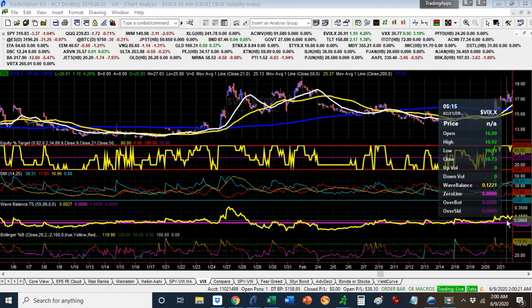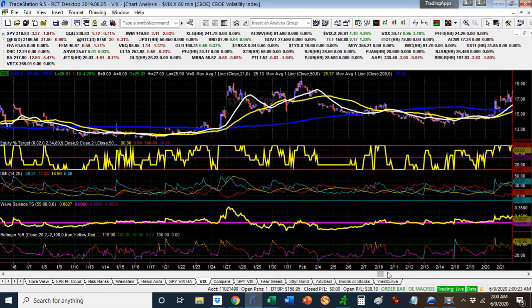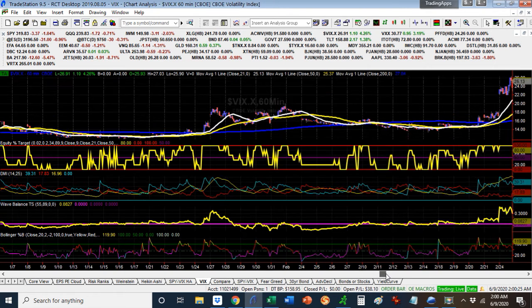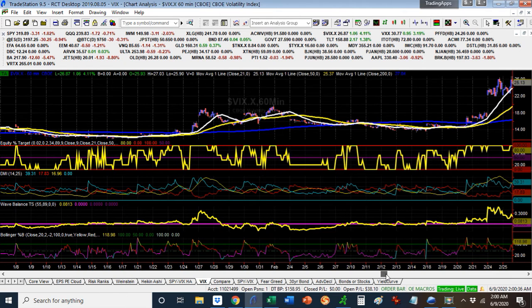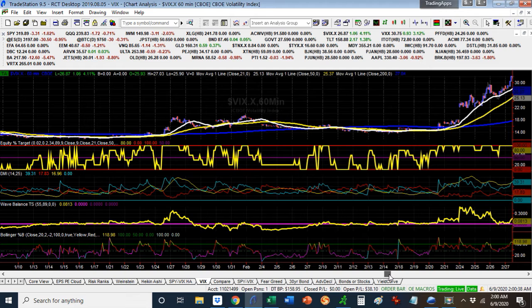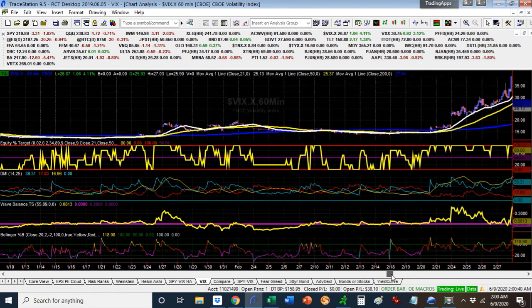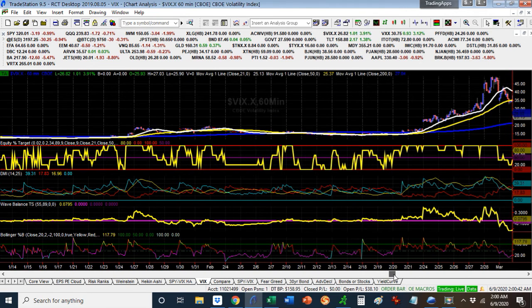It started to tick up significantly above this zero line, and then the 21st, and then boom, the 24th, it really started to take off. Once this is positive, it makes a lot of sense to reduce your bet size, reduce leverage, and basically just get ready for some bad price behavior.